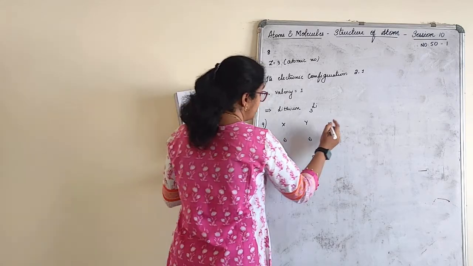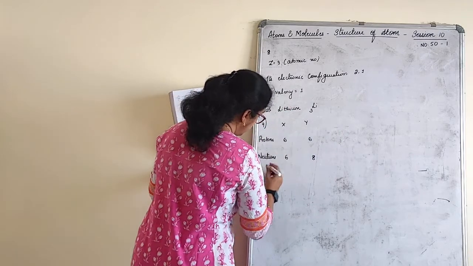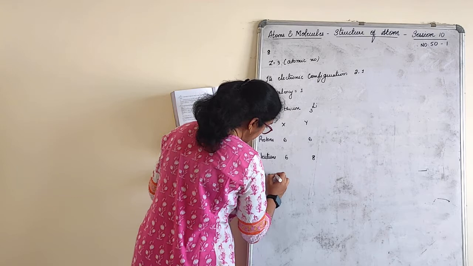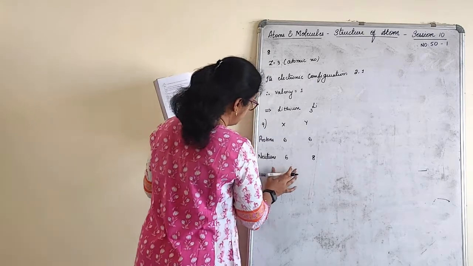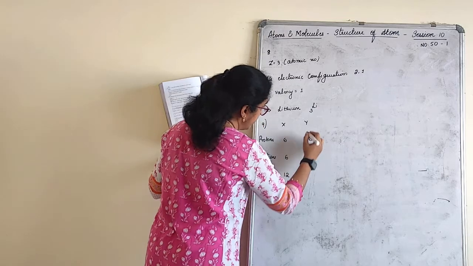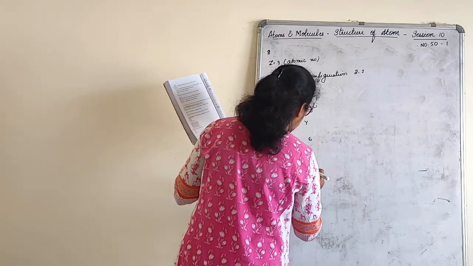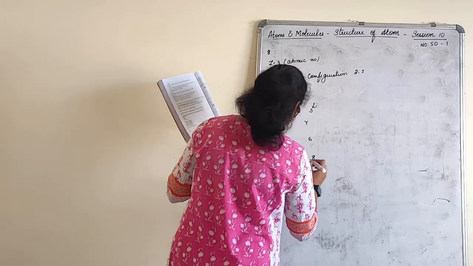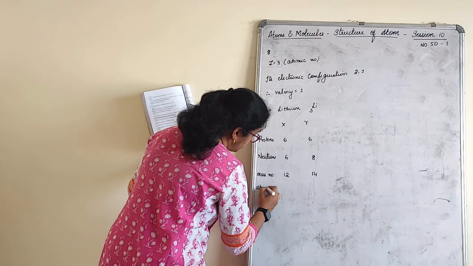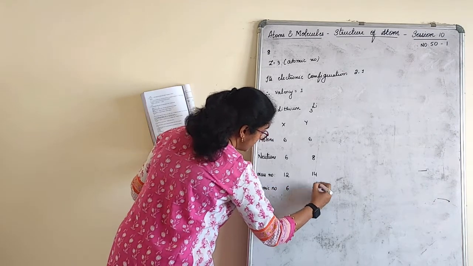So with the help of this, I will write the mass number of X here, mass number is 12, here mass number is 14. If you want, atomic number also you can mention, it's up to you. Atomic number is 6, atomic number is 6.